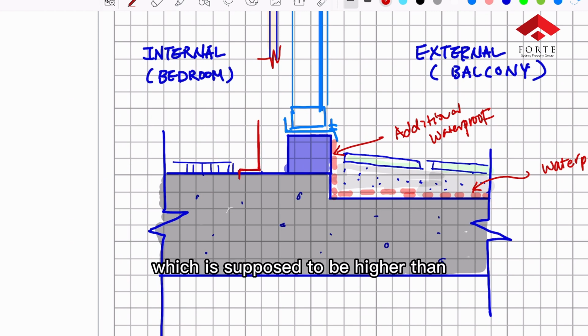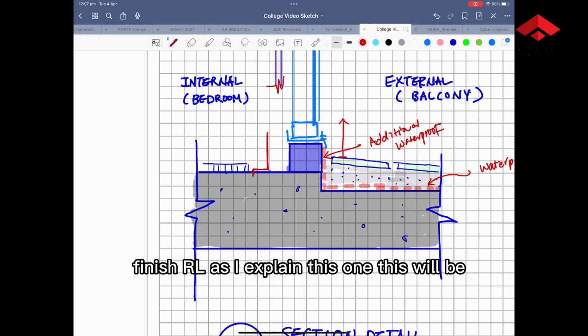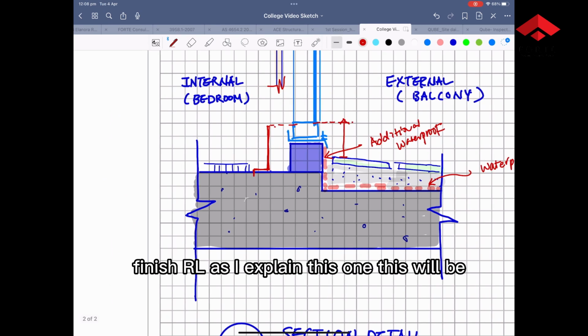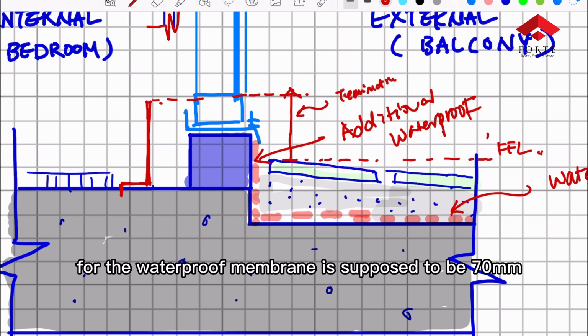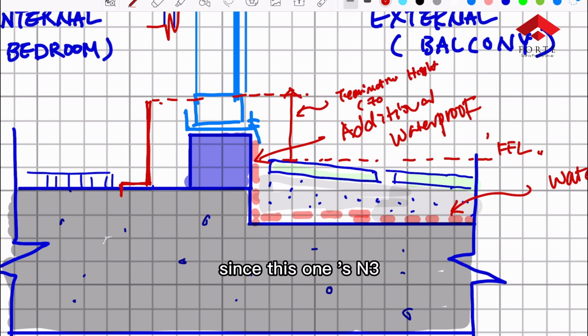which is supposed to be higher than the finished area. As I explained, this will be the finish level of the external, and this will be the termination height for the waterproof membrane. It's supposed to be 70 millimeters, since this one is N3.